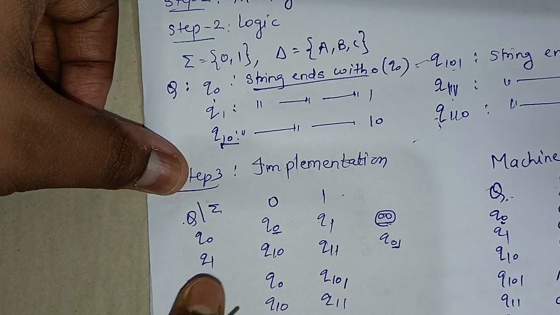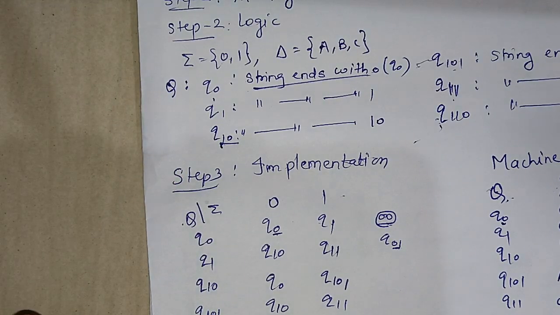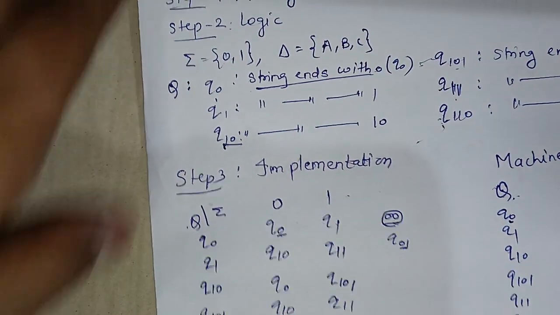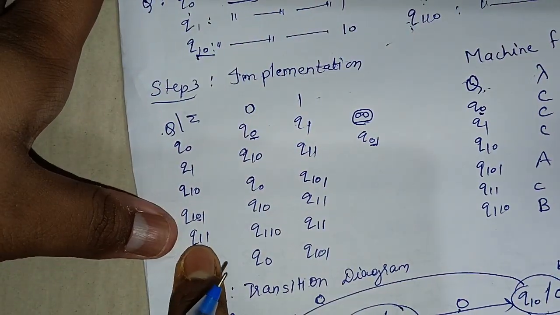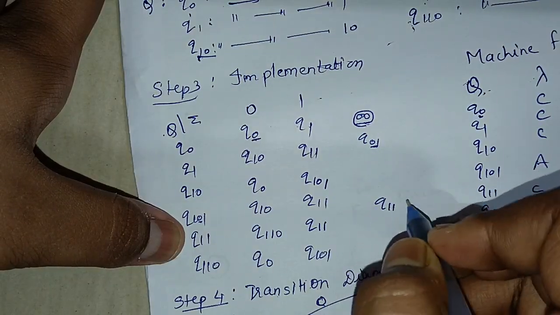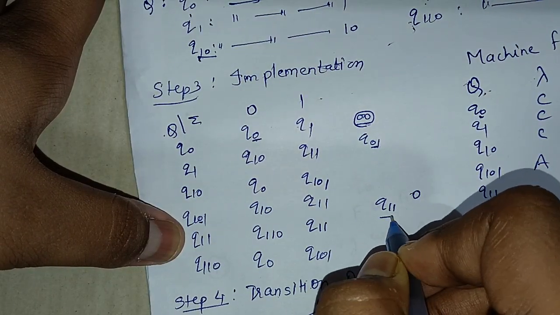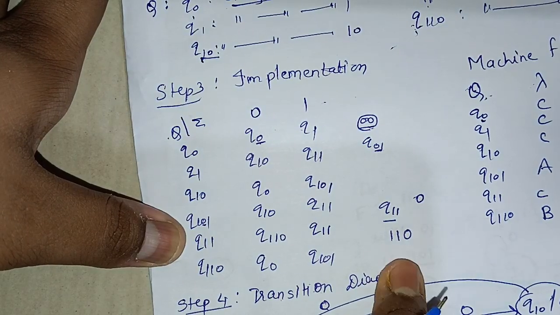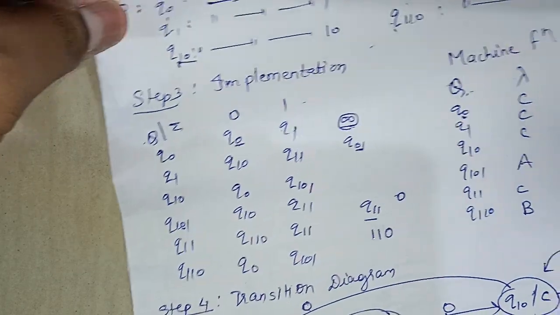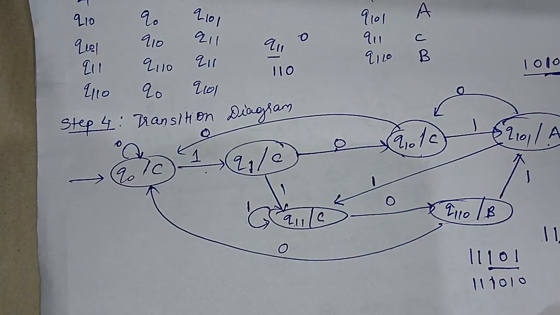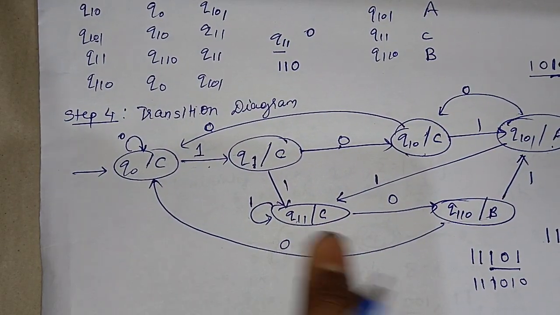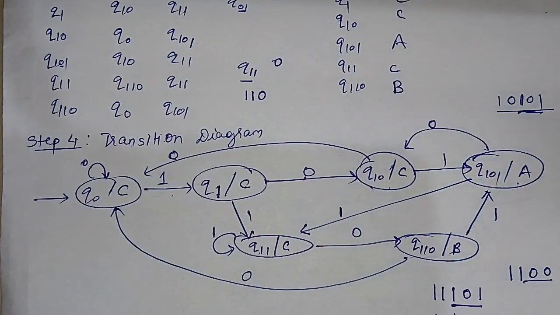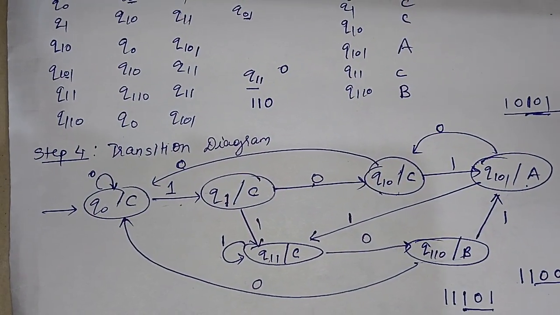In the same way I have done the other states, you can cross verify this, it will come the same. Like see, when Q11 receives 0: Q11 is the string with 1 1, it receives 0, it must go to 110. Now check in the transition diagram. Yes, when Q11 receives 0, it is going to Q110. In the same way, you can cross verify your answer.